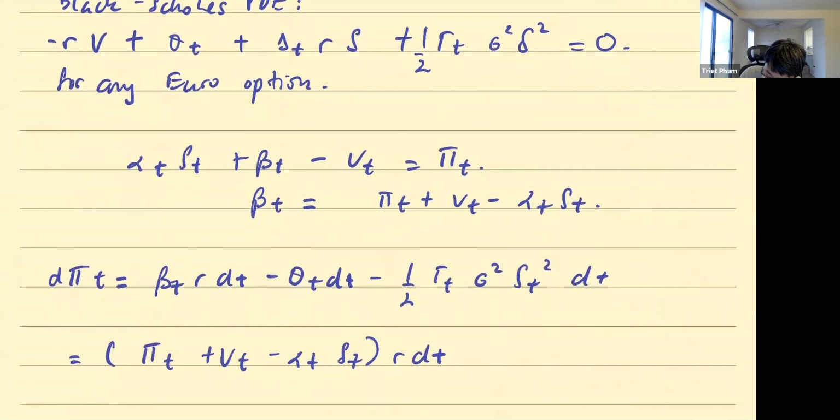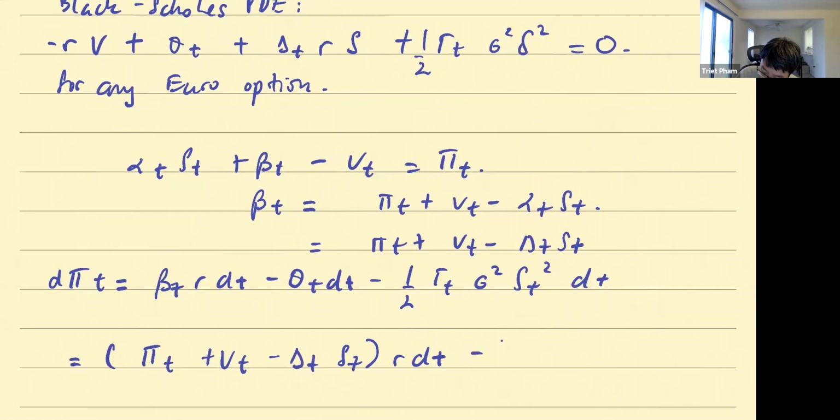It is equal to pi t plus vt minus delta t st, so that's a delta. And then minus 1/2 gamma t sigma square. I forgot the theta. One second. Minus theta t dt minus 1/2 gamma t sigma square st square dt.